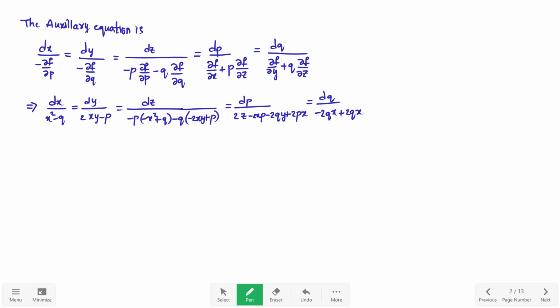Now we have to solve this auxiliary equation and find p, q values.